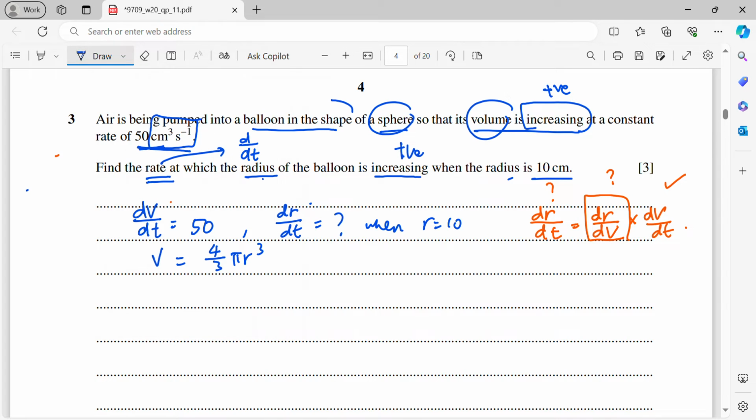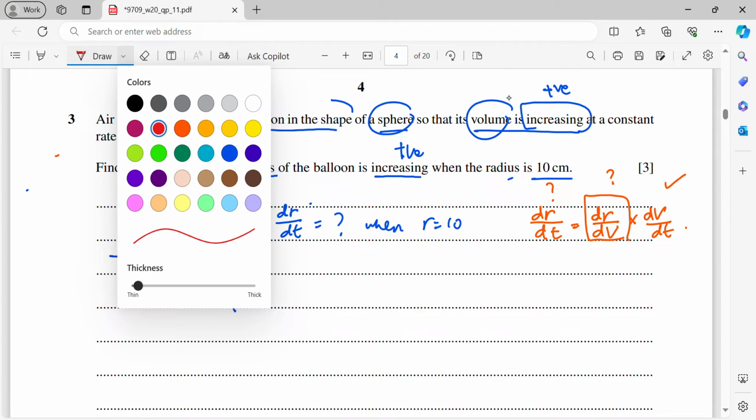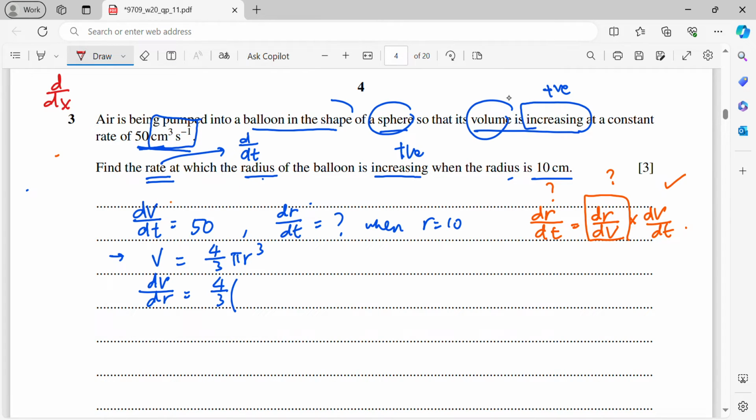So now, by looking at the V expression here, dV dr, you keep the 4 over 3. When you differentiate, you always bring down. Okay, so our formula is differentiate f(x) to the power of n, it will be n f(x) to the n minus 1 times f prime x.